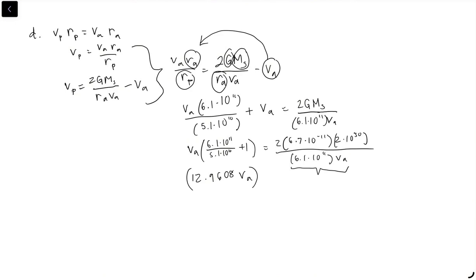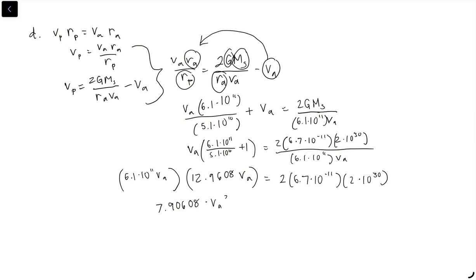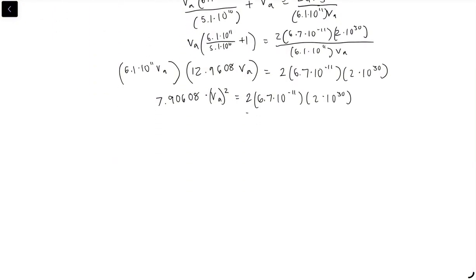So this value times this value. And then this would expand to be about, and then times VA squared is equal to, and then I can isolate for the orbital speed of the apogee here.